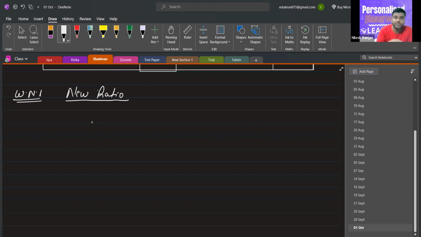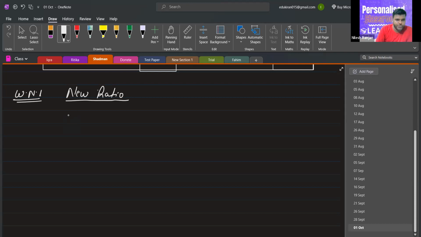This is your first step in every question if it is not given. In any situation, you have to calculate the new ratio first, because the new ratio and sacrificing ratio are required for goodwill or for any other type of distribution in adjustment type questions.